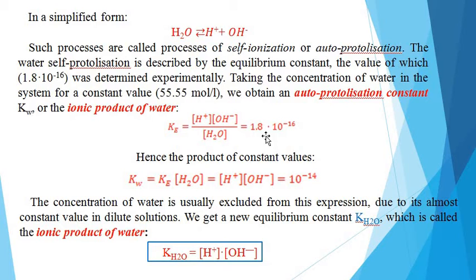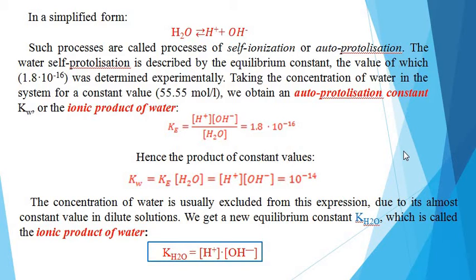Taking the concentration of water in the system as a constant value of 55.55 mole per liter, we obtain an autoprotolysis constant or ionic product of water. And the reaction takes place with an equilibrium constant equal to 1.8 multiplied by 10 to the minus 16 power.